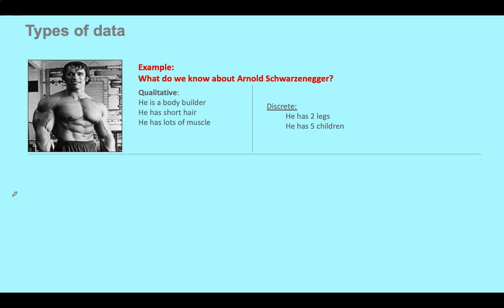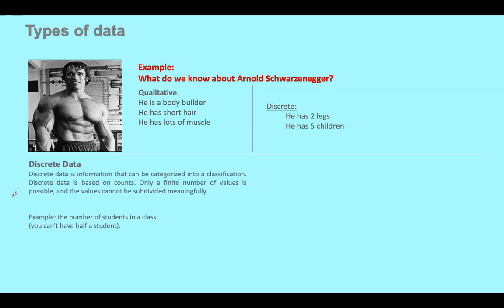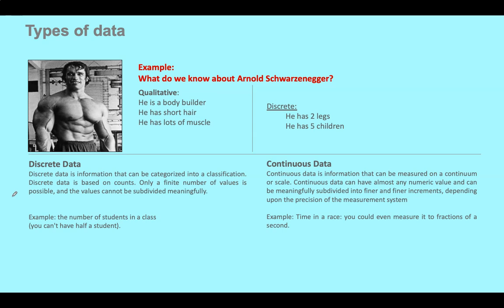In order to understand qualitative and discrete data, you have to understand that qualitative information is not in a numerical form, it is more in a categorization form. When we categorize something, that is qualitative information, and then there is quantitative.